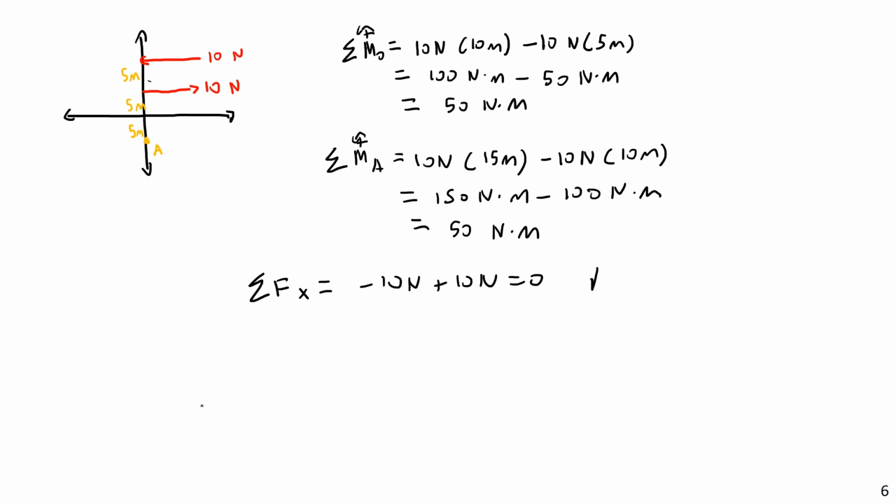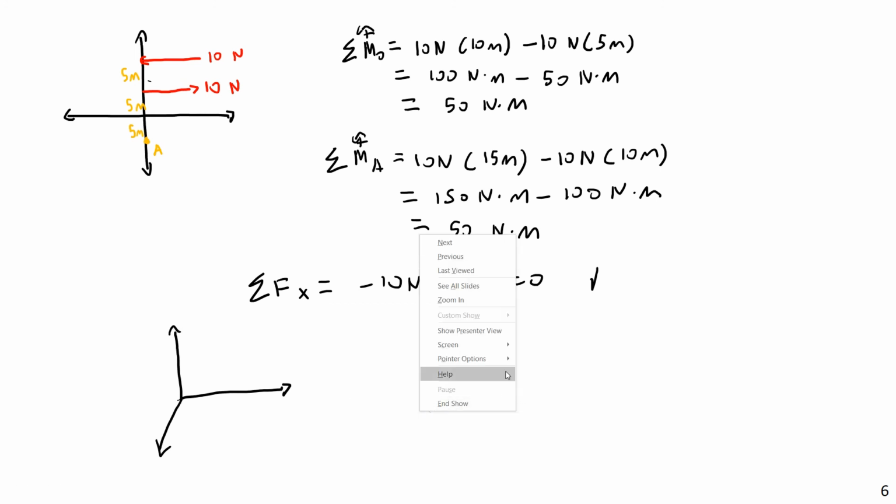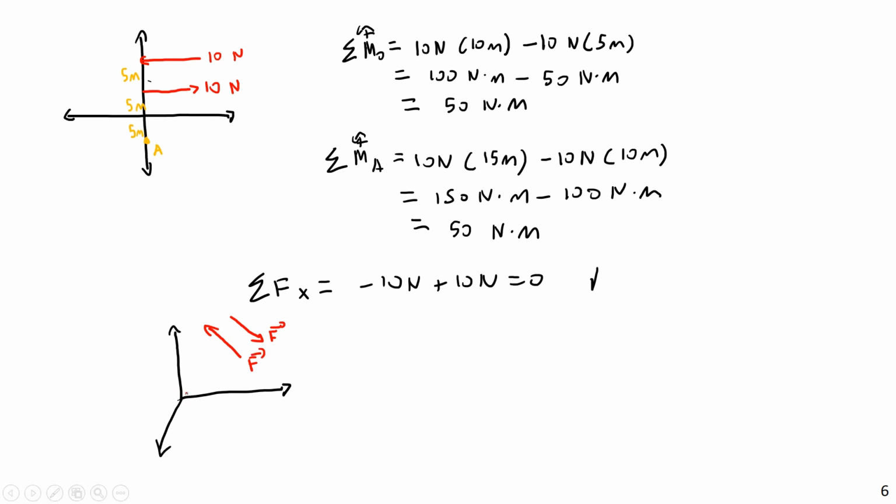Another way to think of this in 3 dimensions, if I have two forces, equal and opposite, F and F, we know from previous discussions of moments that we can take the moment anywhere along the force's line of action.